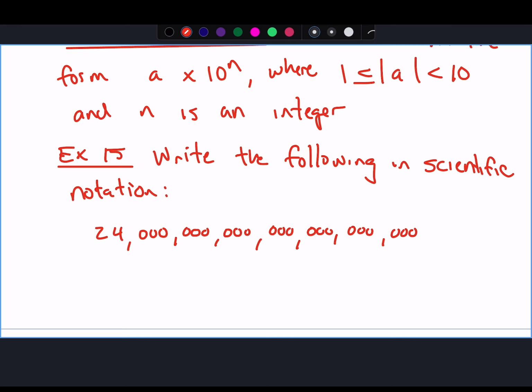So, where is my decimal to start with? It's right here, right? To get it into scientific notation, I need to move that decimal to the left until it's in which position? Between the 2 and the 4. So I'll count 1, 2, 3, 4, 5, 6, 7, 8, 9, 10, 11, 12, 13, 14, 15, 16, 17, 18, 19, 20, 21, 22 places.